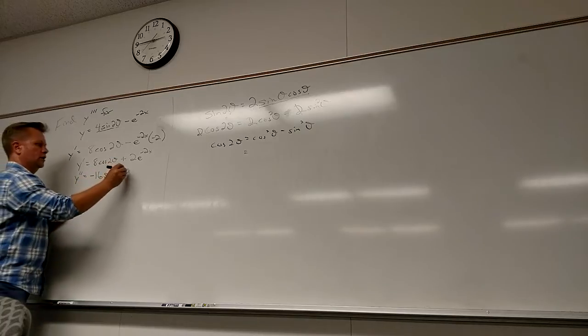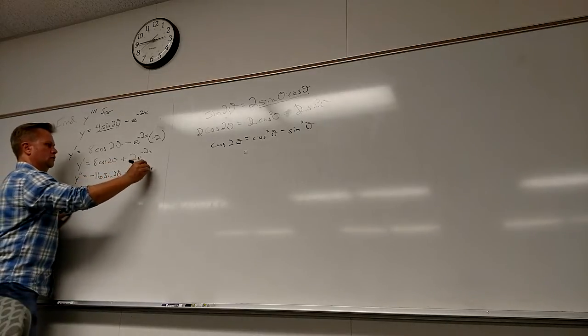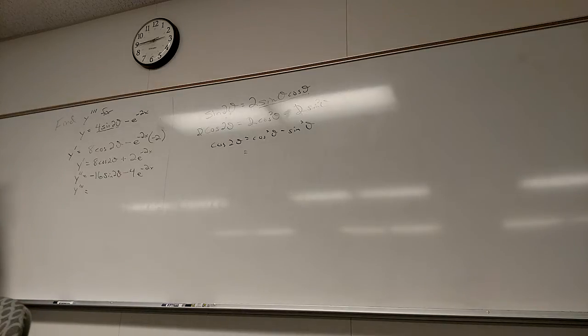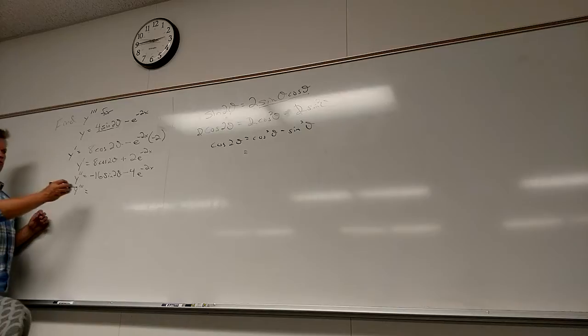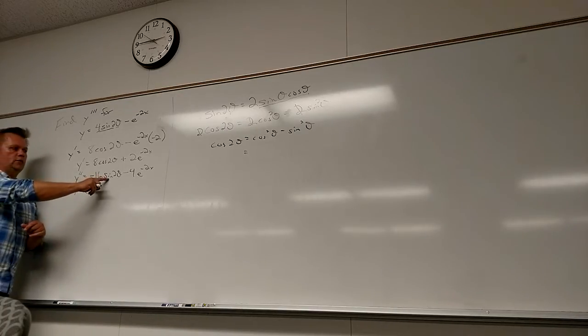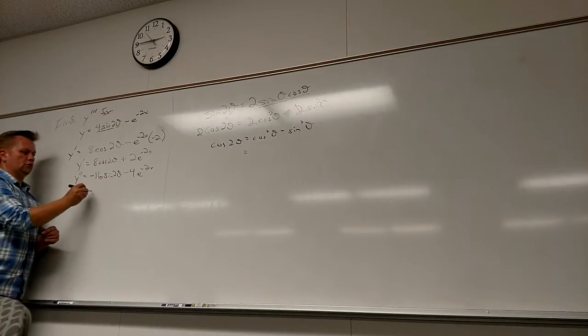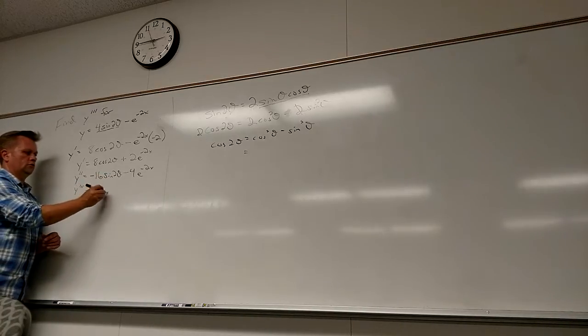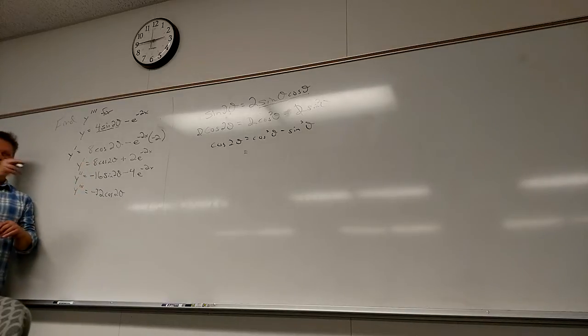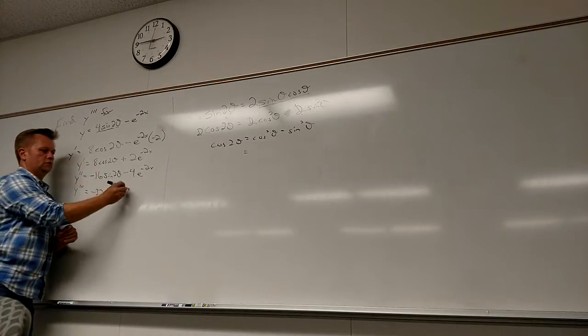So now it's going to become minus 4. So then y triple prime. Yeah, exactly. Sine becomes cosine, and then double that, so it'll be negative 32 cosine 2 theta. And this is going to get another factor, negative 2.